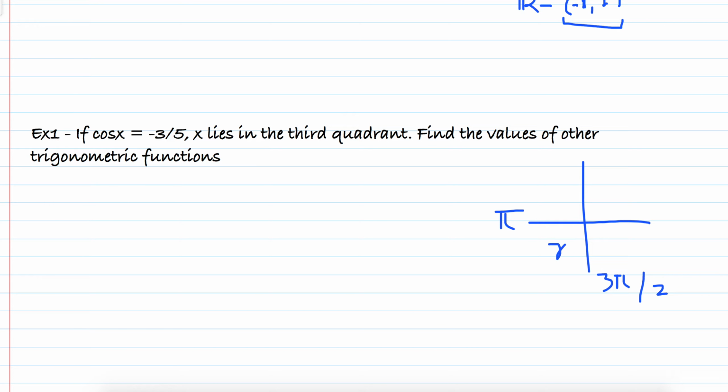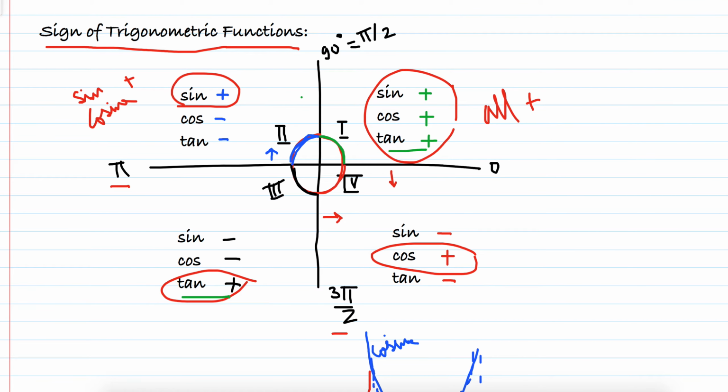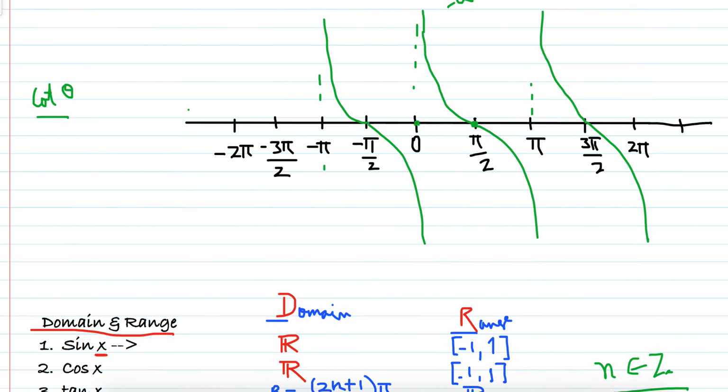So x lies in this quadrant, and in this quadrant sine will be negative. So sine is negative, cos is negative, and we are getting a negative value as expected.